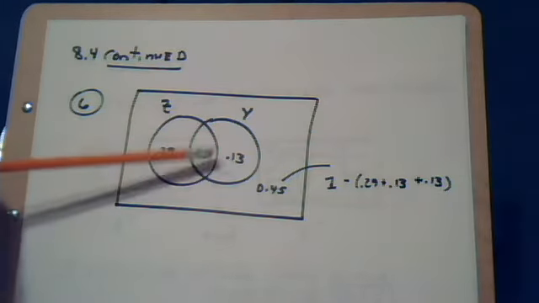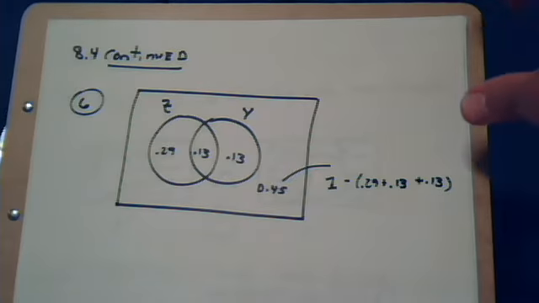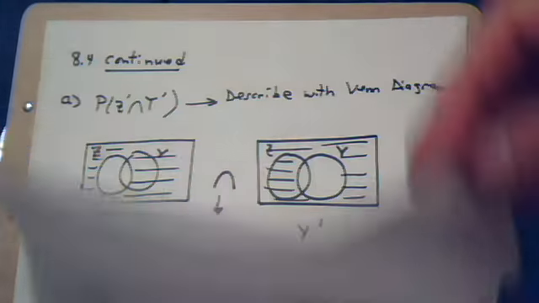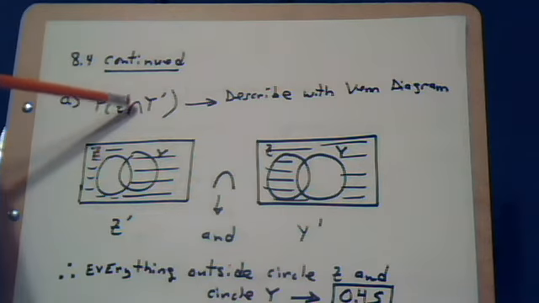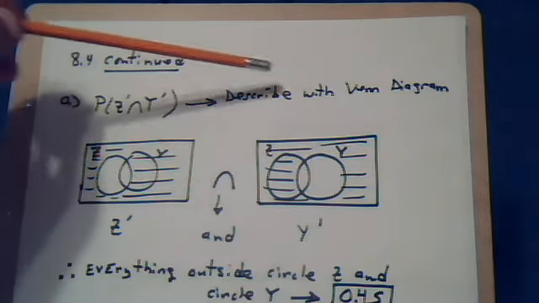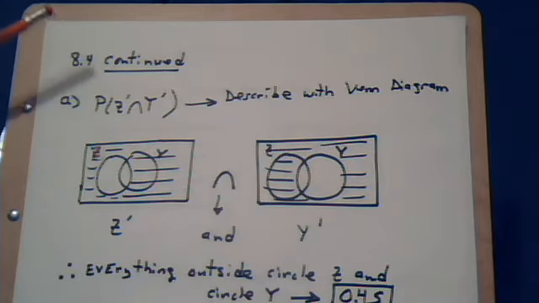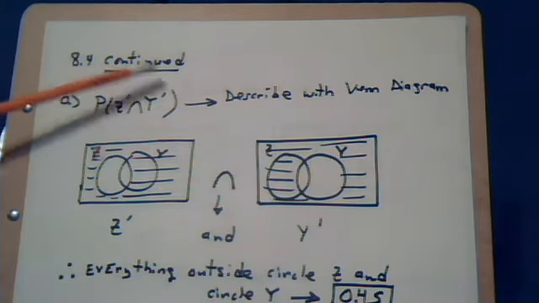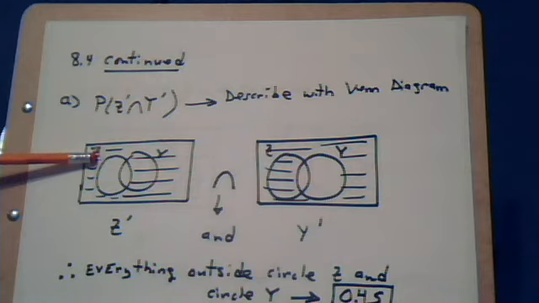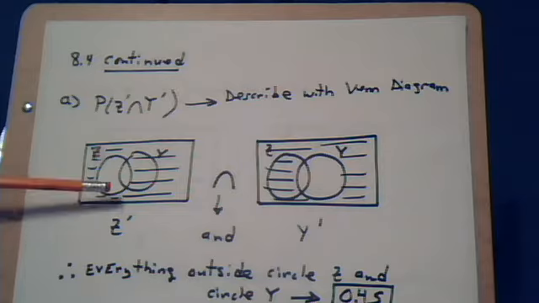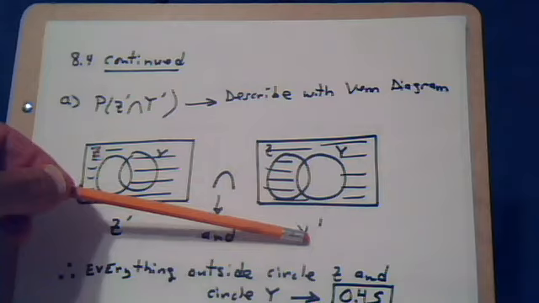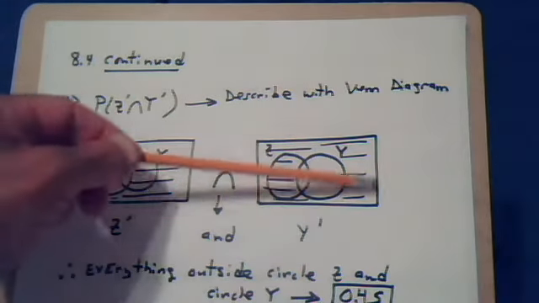Now that we know each of the regions' probability, we can start answering some questions. So here's A: the probability of not Z and not Y. First describe it with a Venn diagram and shade this description. Not Z would be everything that's outside of Z. Not Y, everything outside of Y is shaded.